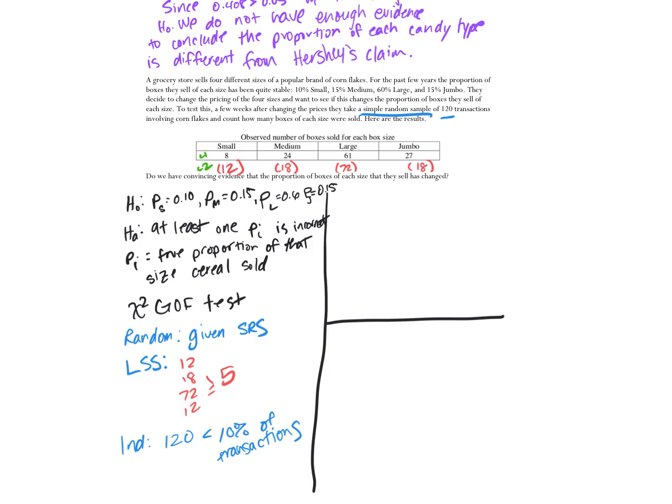Now, the other thing is your calculator will not let you put decimals in for your observed count. When you do any chi-square test, it wouldn't cause a problem here because all my expected counts are whole numbers, but it's reasonable that your expected counts might not be whole numbers, right? If I had 125 transactions here, none of these would be whole numbers.